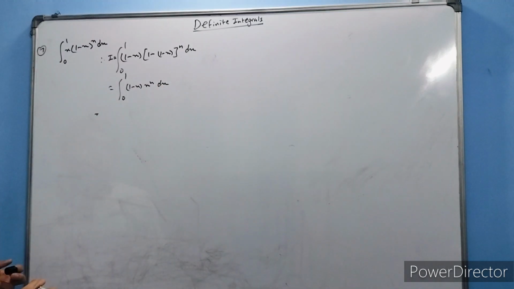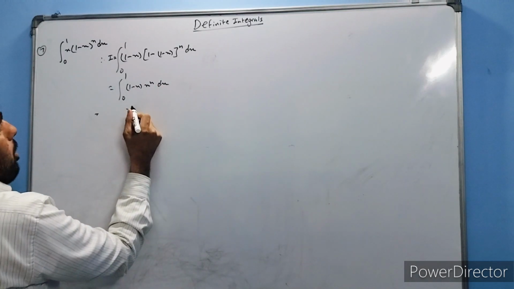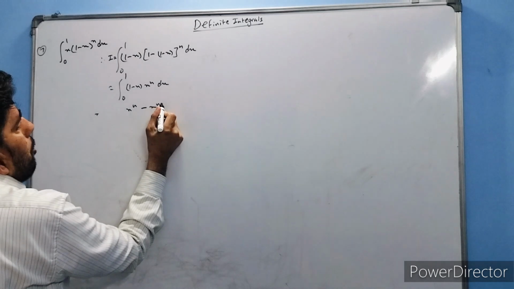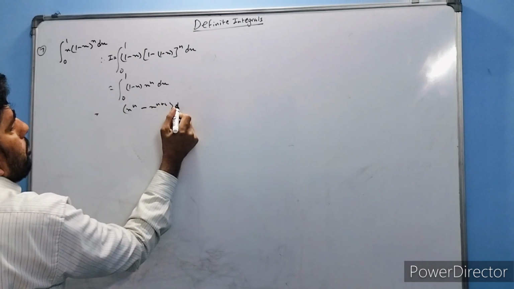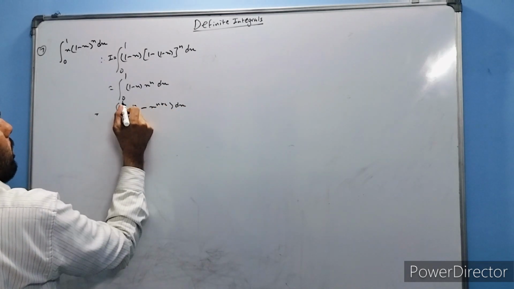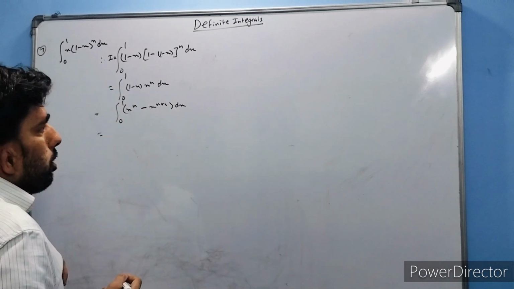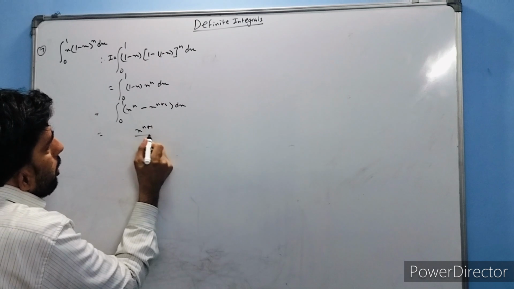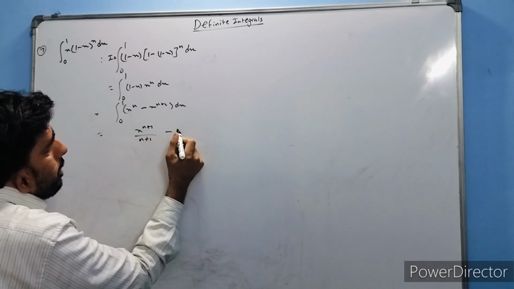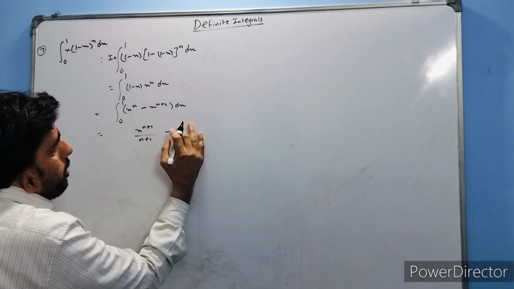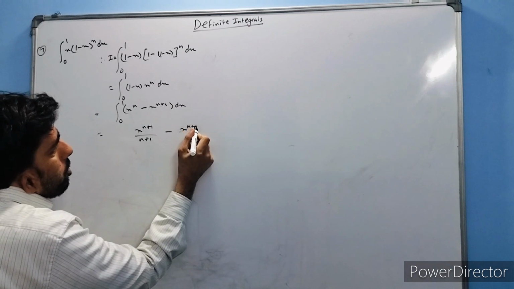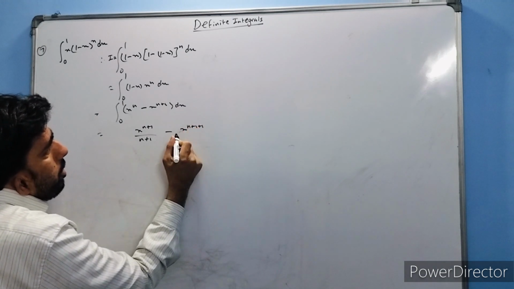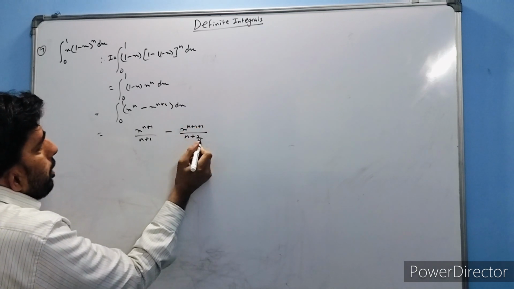So now we'll have here x^n minus x^(n+1), dx. First we need to integrate it. So now let us integrate. I got here x^(n+1) upon n plus 1 minus x^(n+2) upon n plus 2.